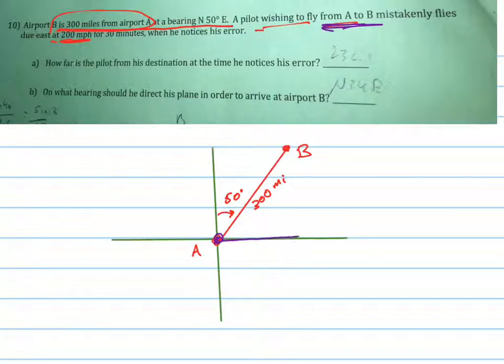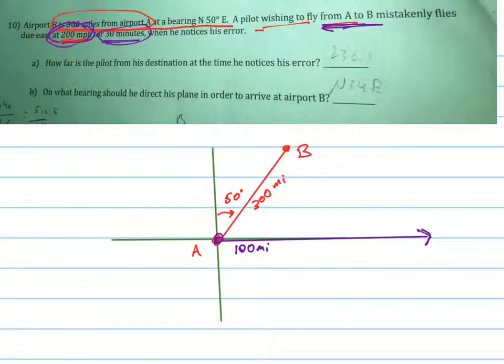How far does he go? 200 miles per hour for a half hour, since 30 minutes is a half hour. Half of 200, he went 100 miles.